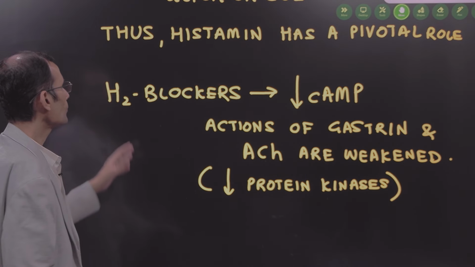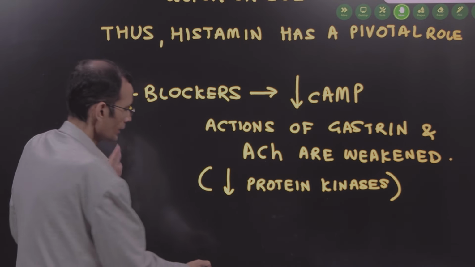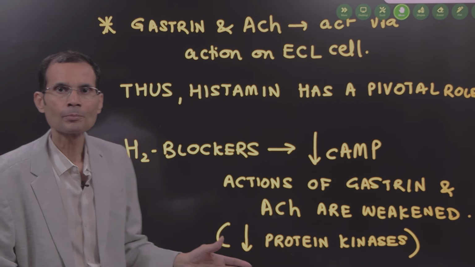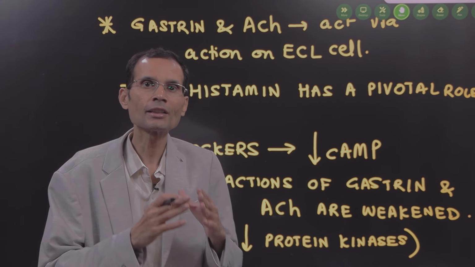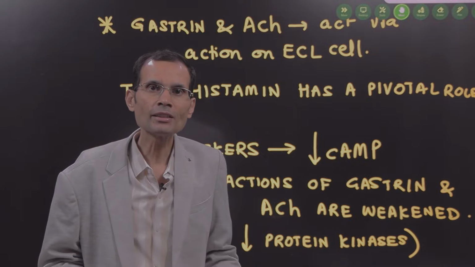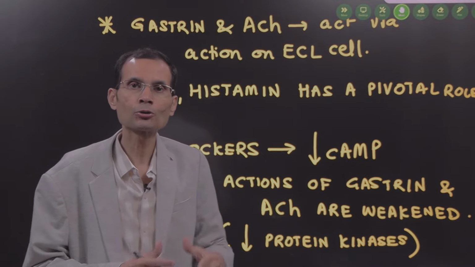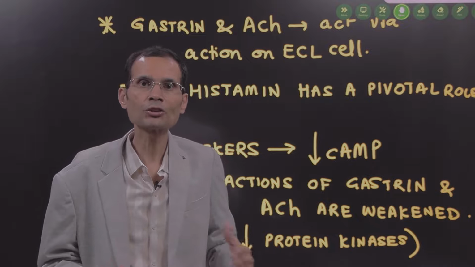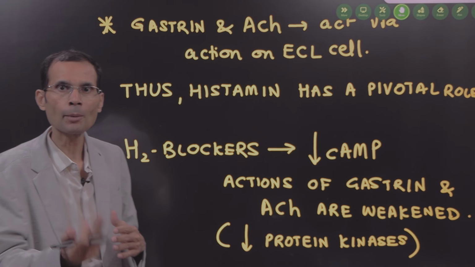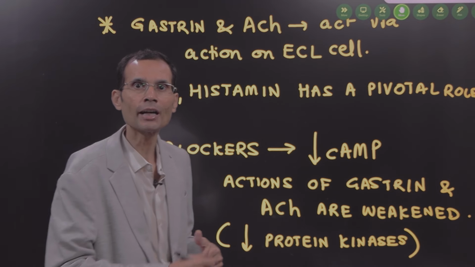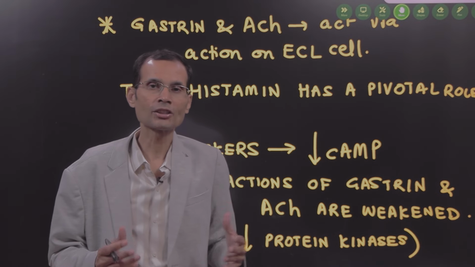Now, when you give H2 blockers, the action of histamine via those H2 receptors is blocked. And that means the other two stimuli's actions are also blocked when you give an H2 blocker, because the other two stimuli are also acting via histamine release and histamine acting on the H2 receptor. So when you give an H2 blocker, their actions are blocked.